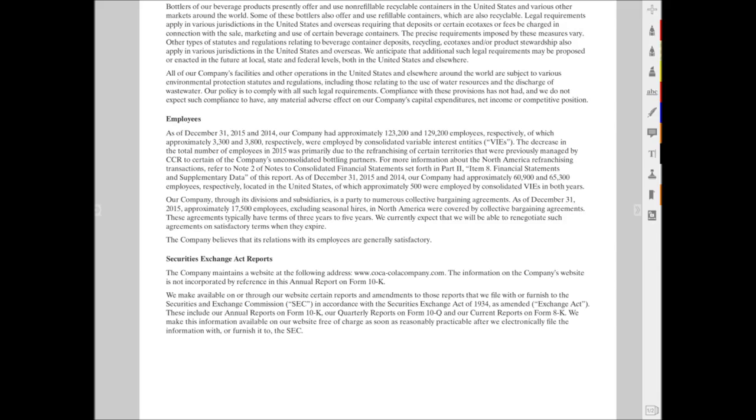Typically, this employee section, while it doesn't always break it down perfectly, usually gives you a little more detail about the total number of employees and where those employees sometimes work. Not all the time, but if you are investigating a company and you want to know the nature of the employees it employs, this section right here will often help you find an answer to that question.